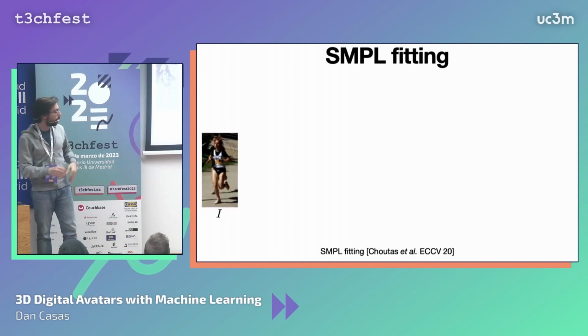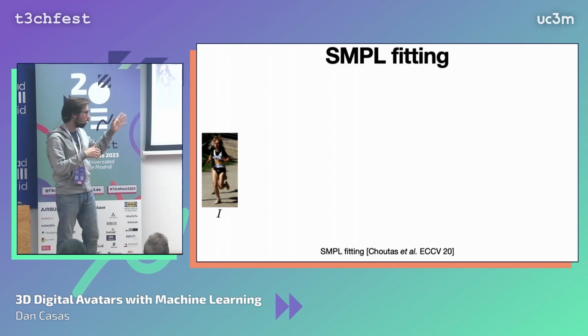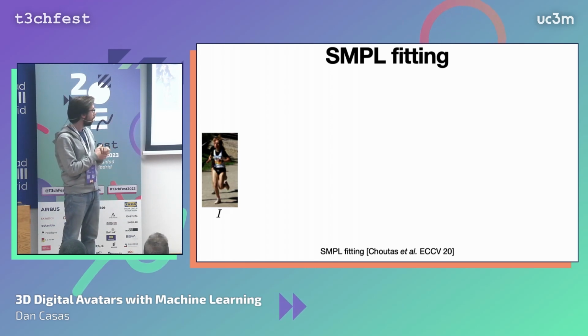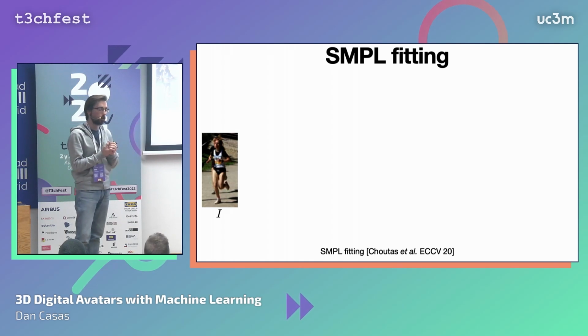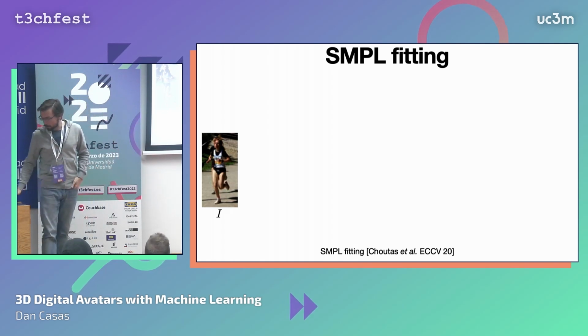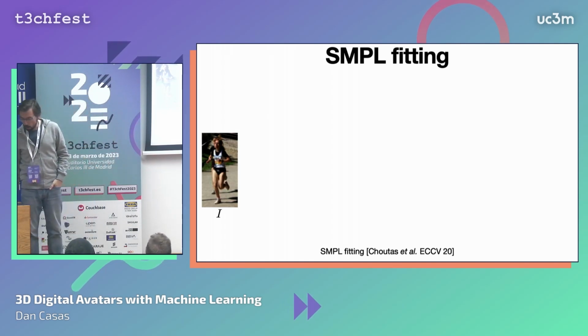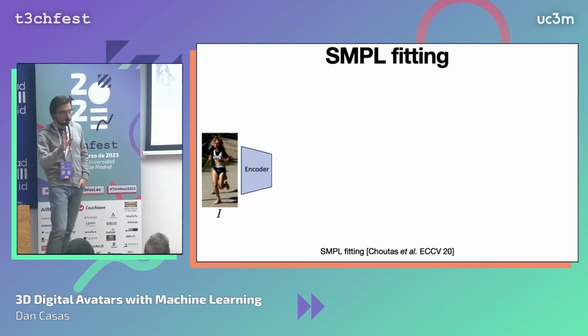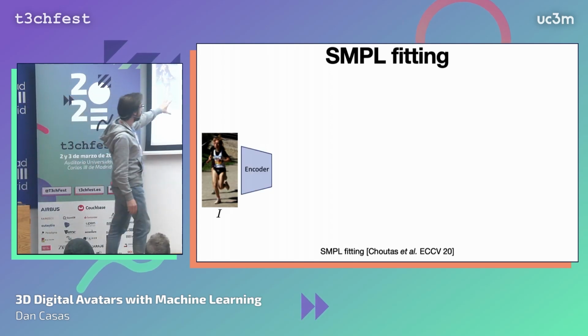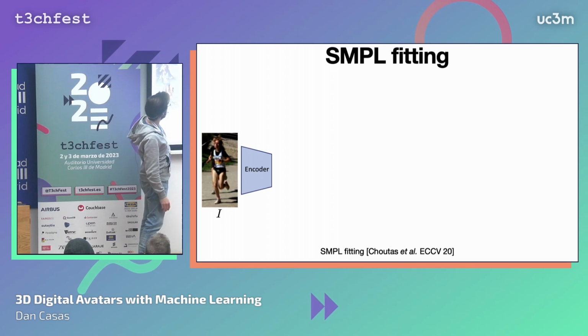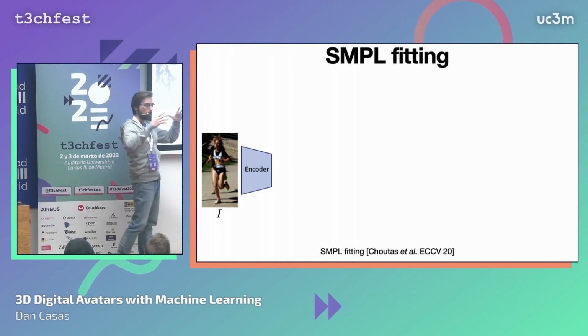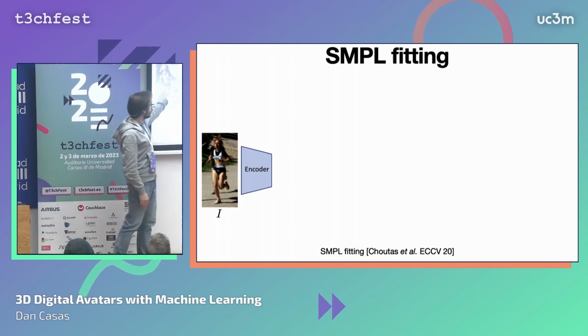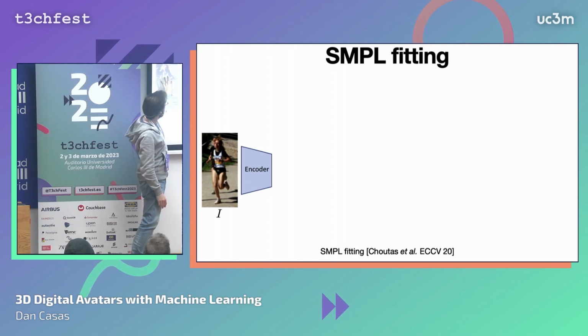So I have a super quick summary. Of course, there's a lot going on under the hood, but this is just for you to understand the high-level details. Given an image, what is quite popular nowadays is to use a neural network to encode this image. This image is basically a matrix of pixels, a lot of numbers, and using this encoding, you find the relevant information in it.